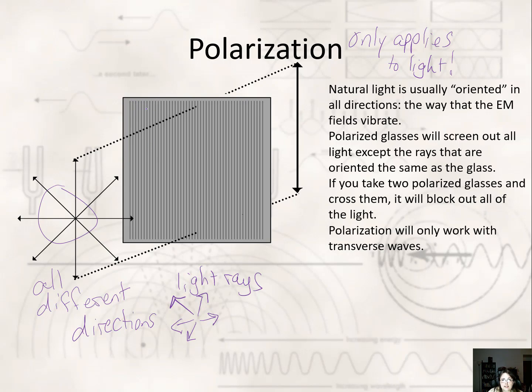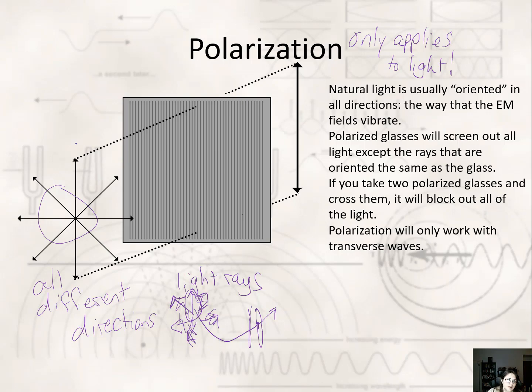You can take polarized glasses, and they make it so that any light that is not straight up and down, it'll get rid of this one and this one and this one, and then only this can actually fit through this hole.